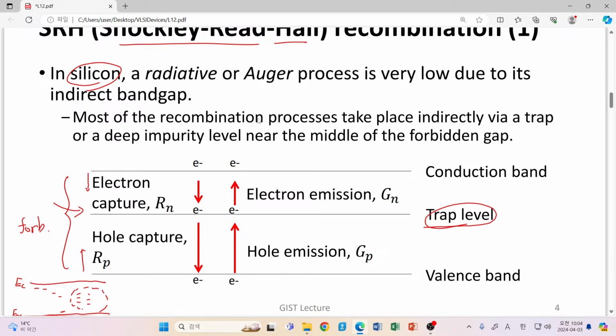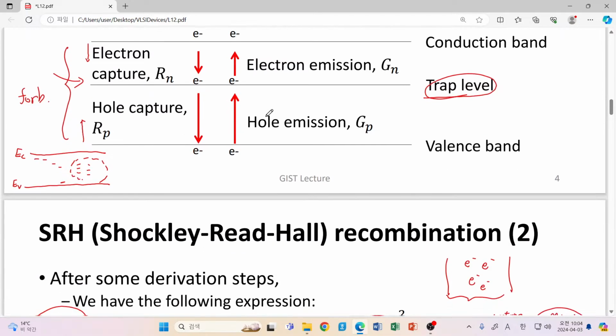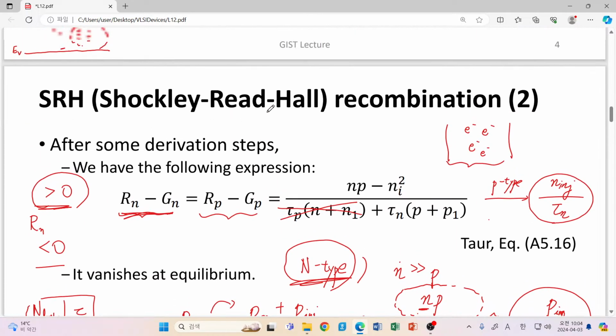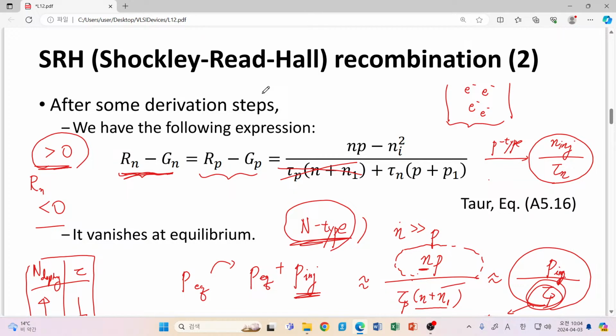So if you have more impurities, then you have more of this. Okay, although our discussion of SRH is relatively short, and I just showed you the final expression without delivering the derivation, please try to self-study this derivation, because it contains a lot of details about the modeling of this state.